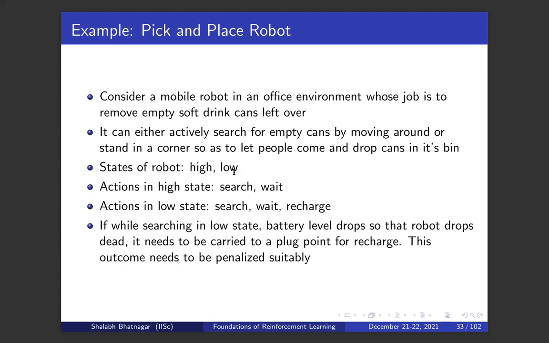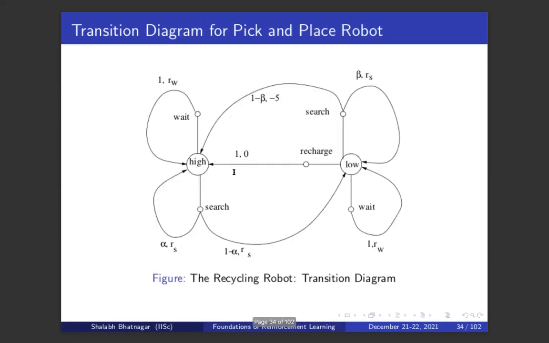Now it's a mobile robot, so if it does an active search by moving around, its battery will get depleted. And somehow, if it goes below a certain threshold, then it will have to either go and get itself recharged, or else if it drops dead, then someone will have to take it and get it recharged before it starts acting again.